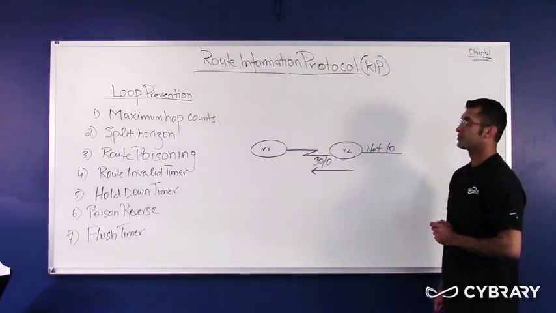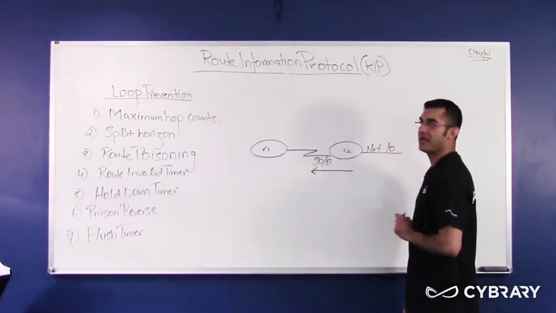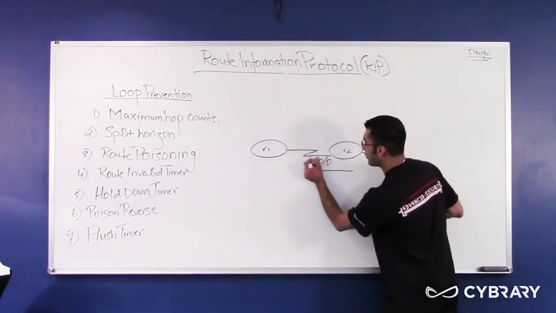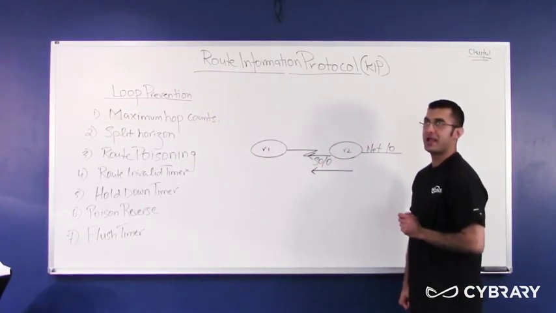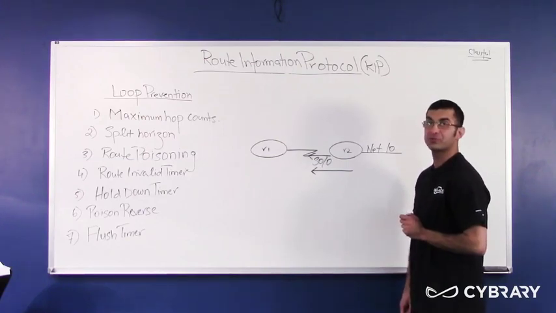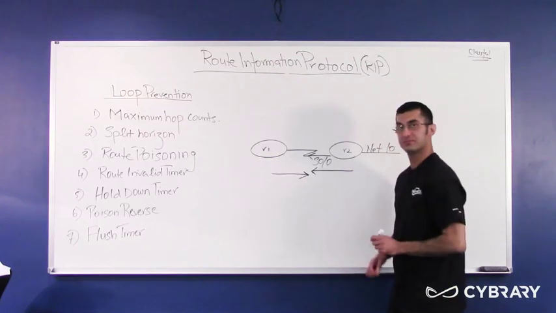So the rule of split horizon basically says, if I send an update about a network outbound on an interface, I will not accept an inbound update about the same network coming in on that interface.